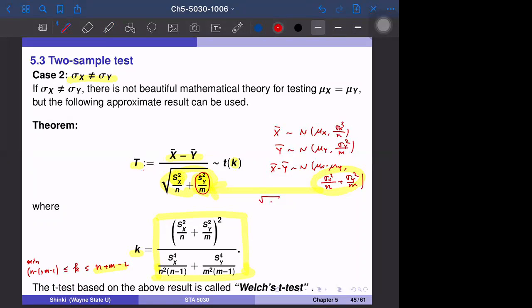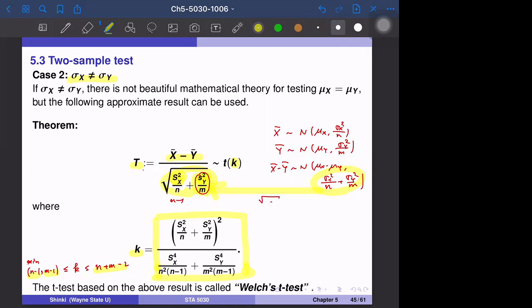In such a case, the degrees of freedom approaches n minus 1 because s sub y squared doesn't have much variability. So if s sub x squared is much larger, then k approaches n minus 1. If s sub y is much larger than s sub x, then the degrees of freedom approaches m minus 1. So k is somewhere in between. That is the idea.